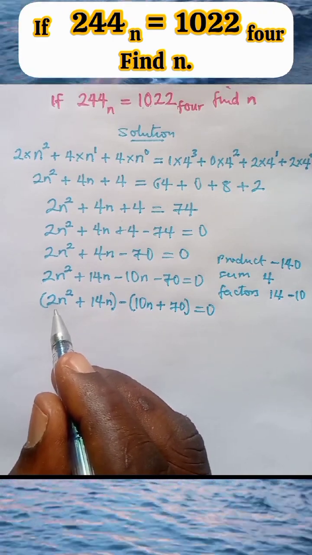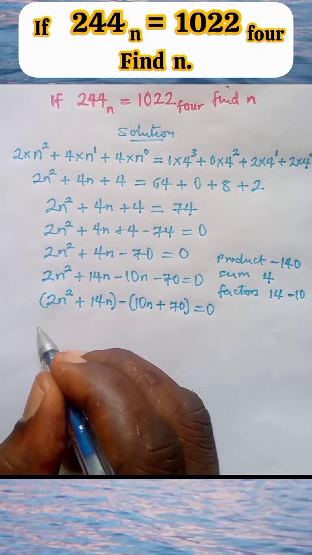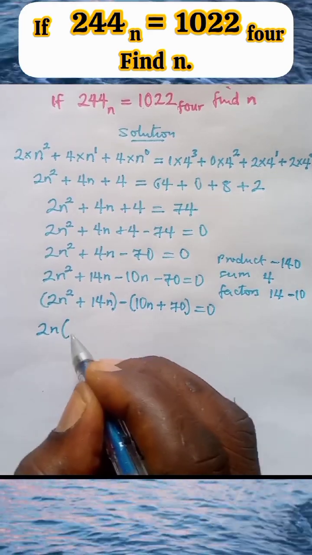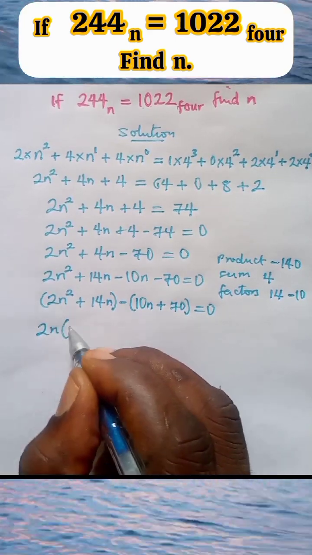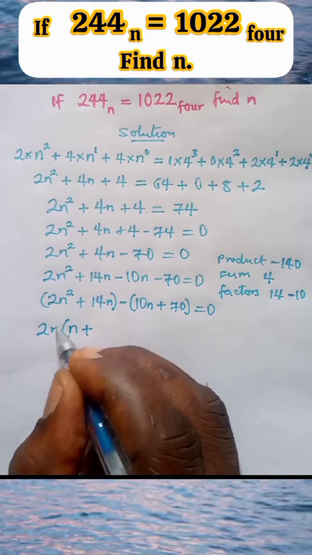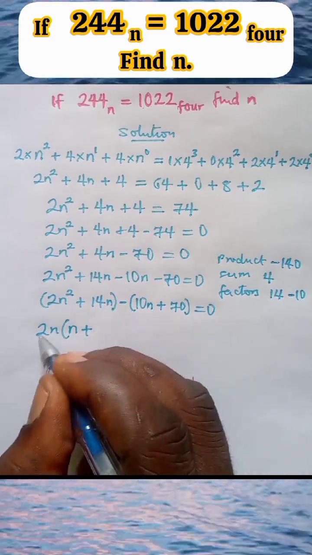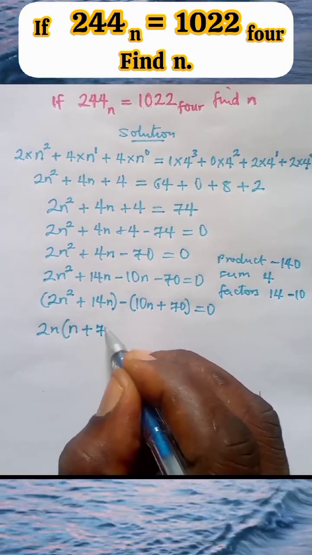So now we are going to factorize. 2n is common to both terms here, so we put 2n outside, open bracket. 2n divided by 2n leaves n, plus 14n divided by 2n leaves 7.